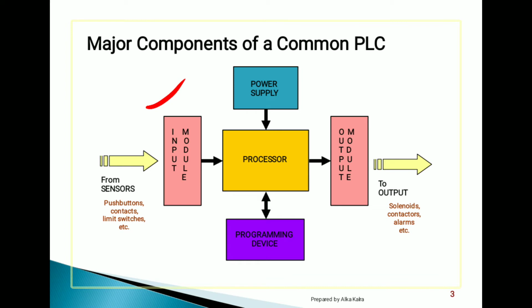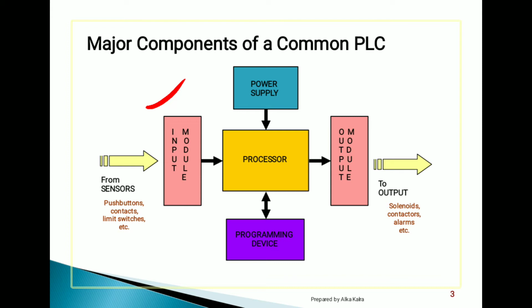input module that takes the input from various sensors like push button, contact switches. The sensor may be temperature sensor or humidity sensor. Any sensor can be there at the input module. Input module basically takes information from the sensors and gives this information to the processor.